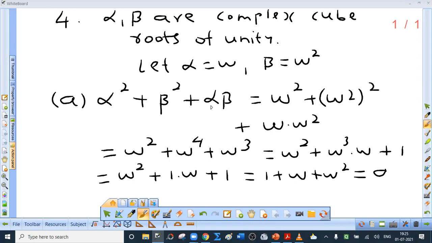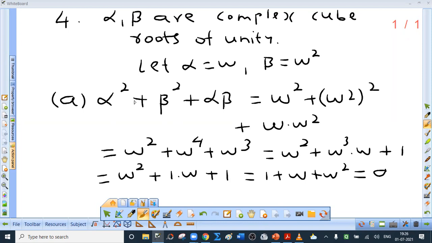So it is perfectly right. Now I have replaced alpha by omega and beta by omega square. So omega square plus omega raised to 4 plus omega cube. Omega raised to 4 is omega cube into omega, but omega cube is 1. So we get 1 plus omega square equal to 0.